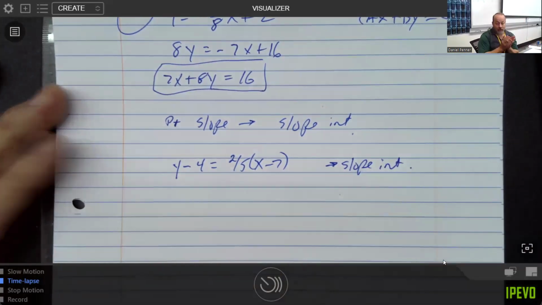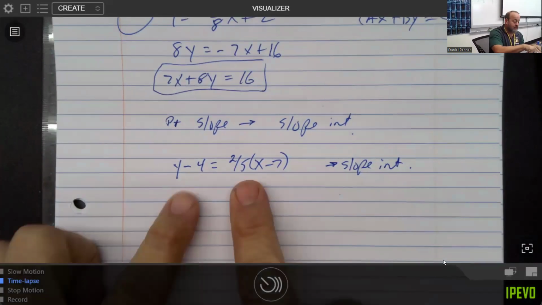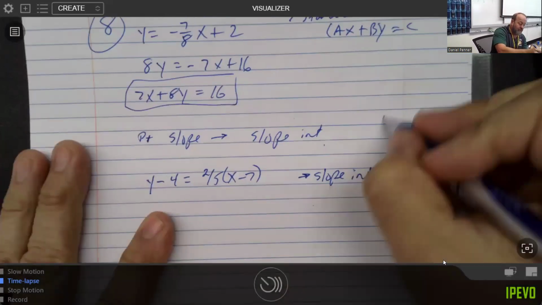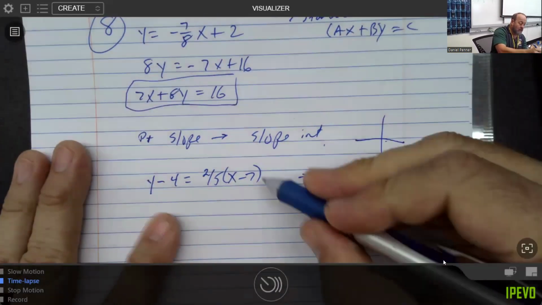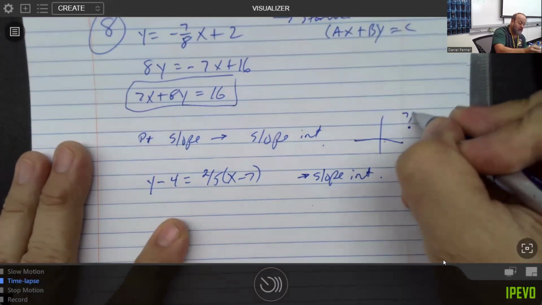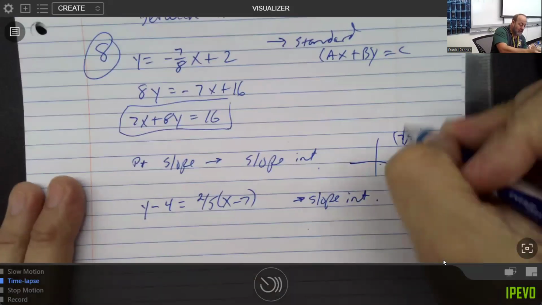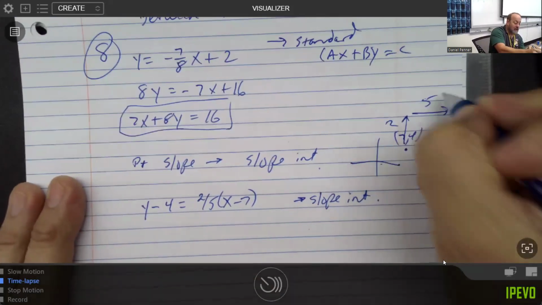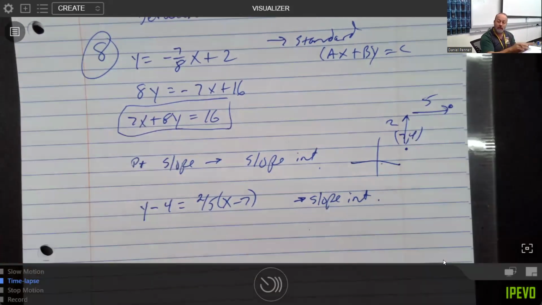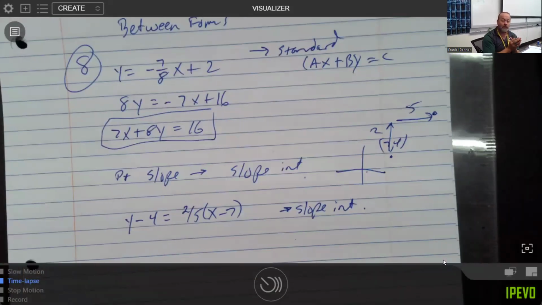Now, I wanted to be very, very clear. I could graph this problem absolutely fantastic from here. I'd find the coordinate 7, 4. Notice that it's x, y. And I'd go up 2 and I'd go over 5. I'd get another point. So I can graph it really, really nice and easy from this form.